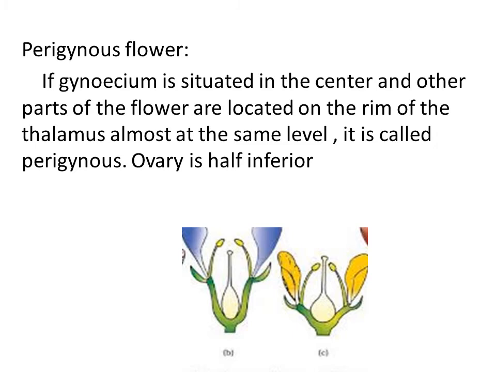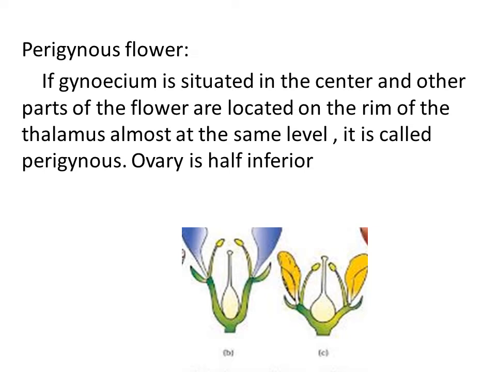And the other parts of the flower like androecium, corolla, calyx, they are located on the rim of the thalamus. So there is a rim present on the thalamus. On the rim, the other three whorls are arranged. Clear? So this condition of the flower is called perigynous flower.